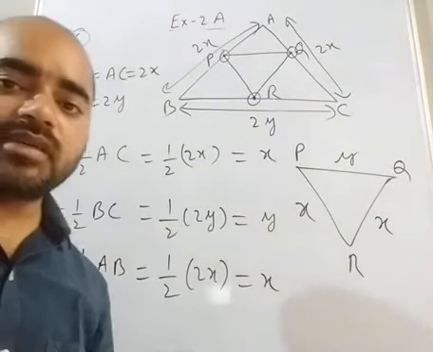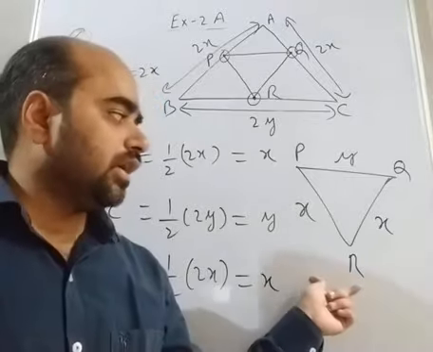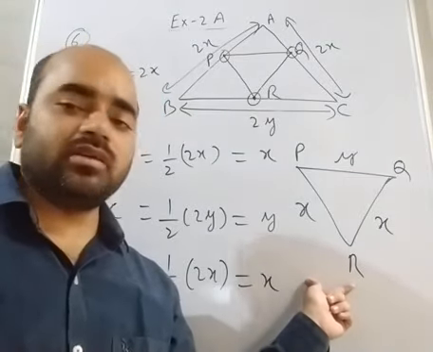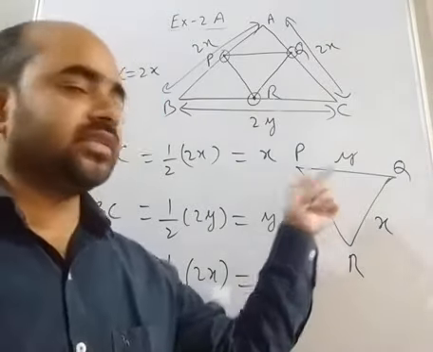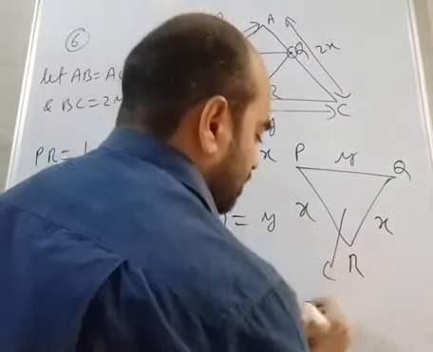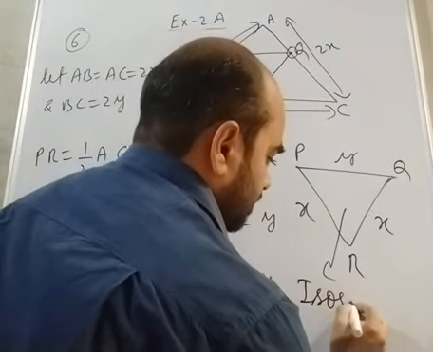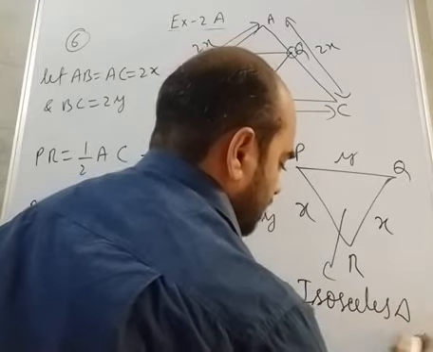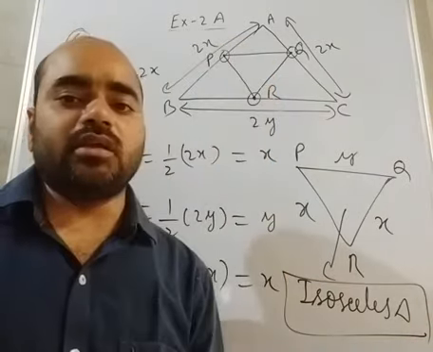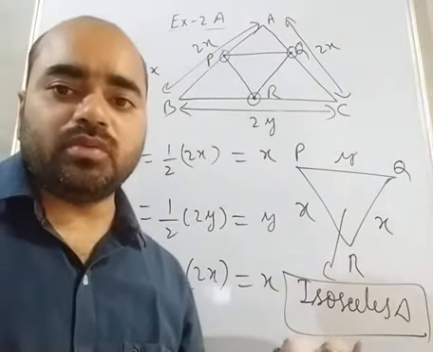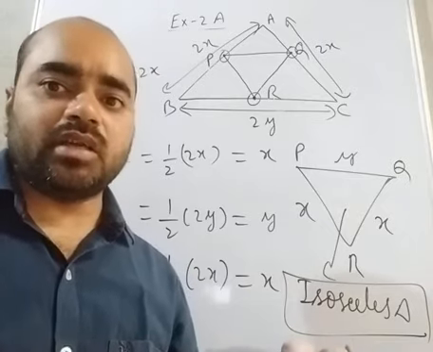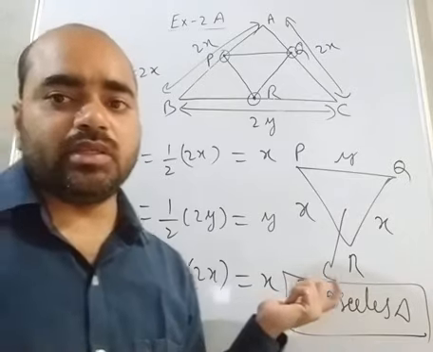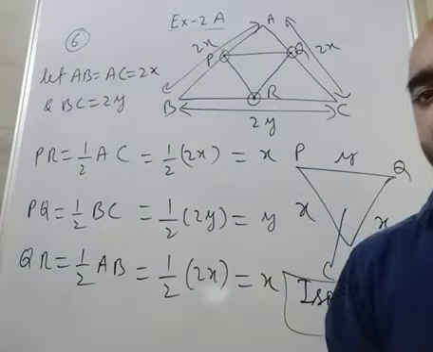It means in triangle PQR two sides PR and QR are equal to x and the third side is different. So this triangle is also isosceles, which is what we had to prove. Clear everyone?